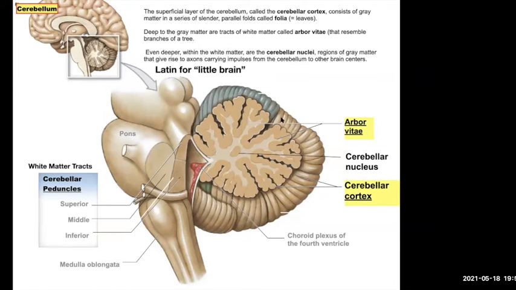So that's why they call it the little brain. A lot of neurons, very complex stuff. And then you have the input and output to it. And these will be the peduncles. I don't know why they named it, but they're the cerebellar peduncles. These are white matter tracts, big tracts of myelinated axons coming into and out of the cerebellum.